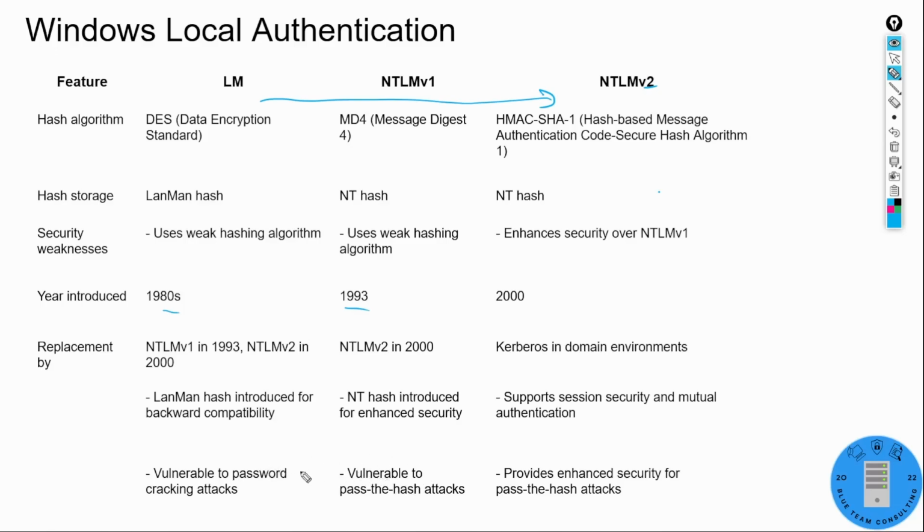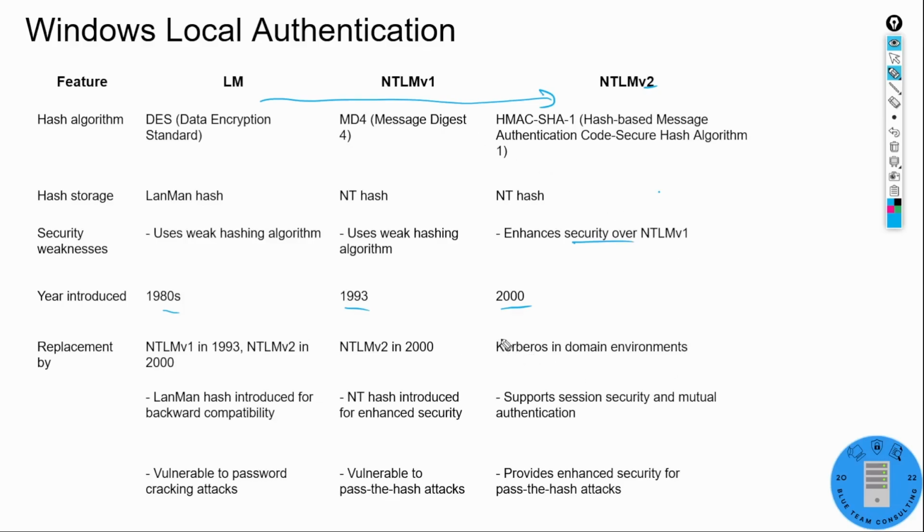These are all vulnerable to cracking attacks, so they fixed that, but then this became vulnerable to pass the hash attacks. And then in 2000, they released NTLM version 2, and it's more advanced and has greater security than the previous revision.